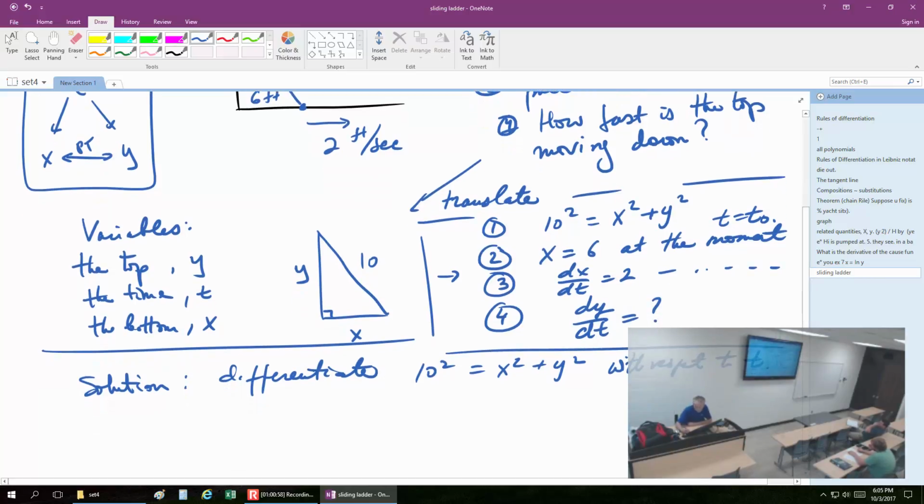Yeah, with respect to t, that's what we know. That's what we want to know. So I just do d/dt of 10 squared equals d/dt of x squared plus y squared. Remember from yesterday, x is a function of t, y is a function of t, according to the diagram on the left. And if two functions are equal to each other, then their derivatives are also equal to each other.